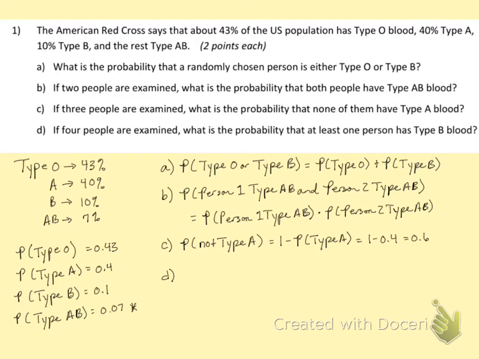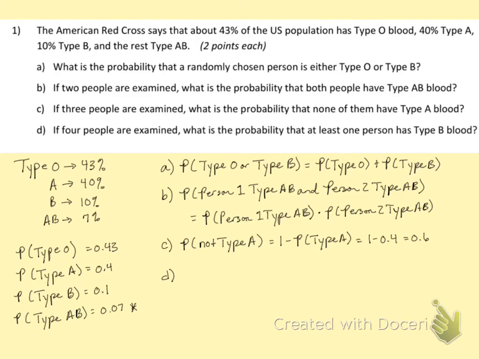For part D, it says we have 4 people. What's the probability that at least one person has type B blood? So we have 4 people, and at least one of them has type B blood. So at least one means one of these people, or 2, or 3, or 4.